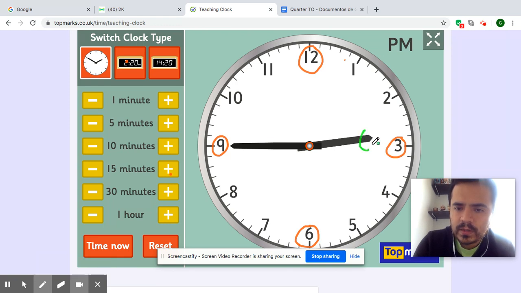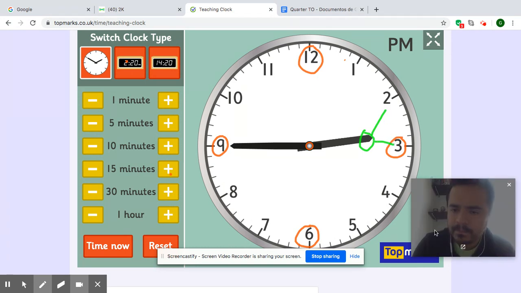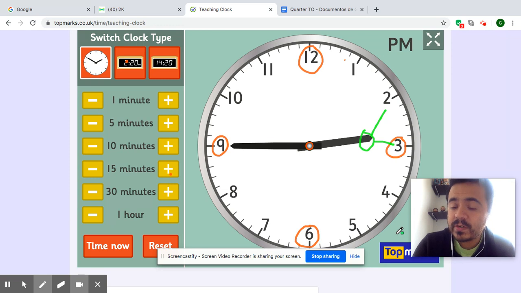Look at it right here. Do you think it's closer to the 2 or is it closer to the 3? If you say that it's closer to the 3, you're absolutely right. So how do you read this? You read it quarter to 3, because it's closer to the 3. Quarter to 3.